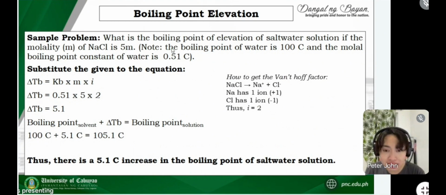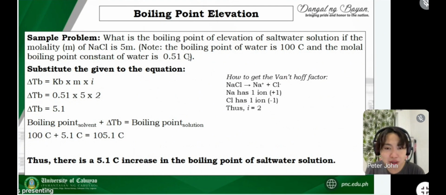Note that the boiling point of water is 100 degrees Celsius. As you can see, the boiling point of the solvent is already given, which is the water. And the molal boiling point constant of water is 0.51 degrees Celsius.